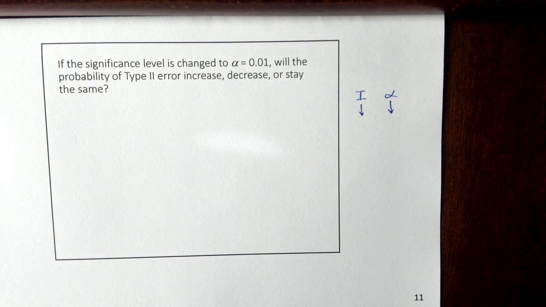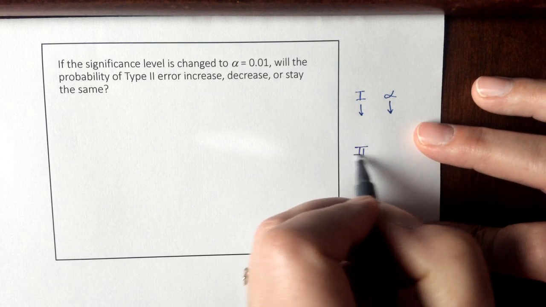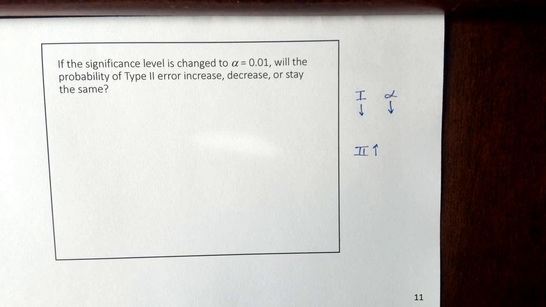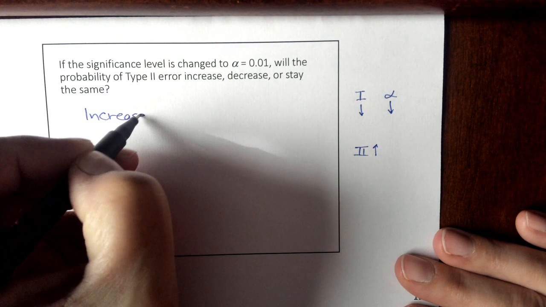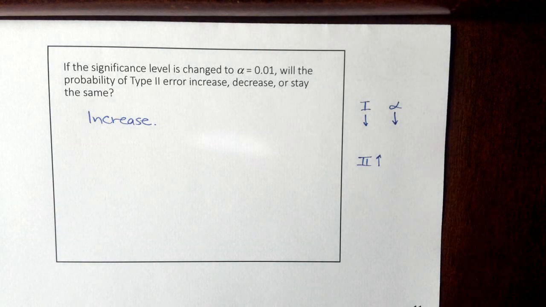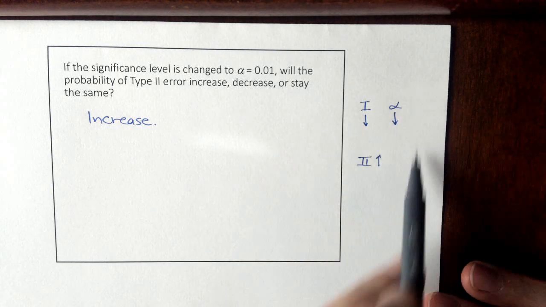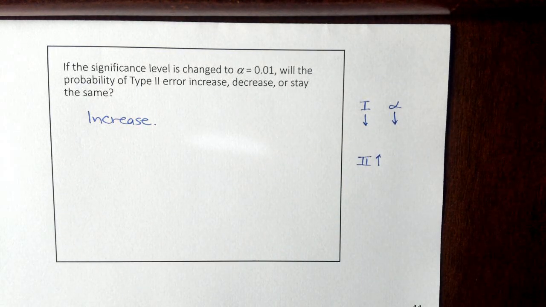If type 1 error decreases, then type 2 error must increase. So it's going to increase. It didn't ask us to explain how we know or why we know. Our thinking strategy is over here in the corner. So we're done with that one.